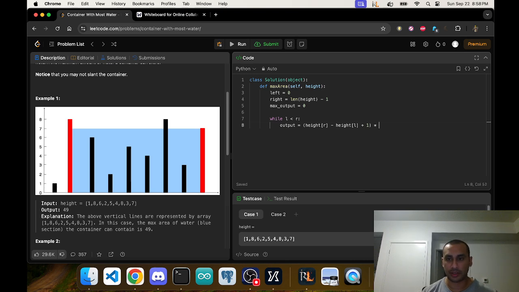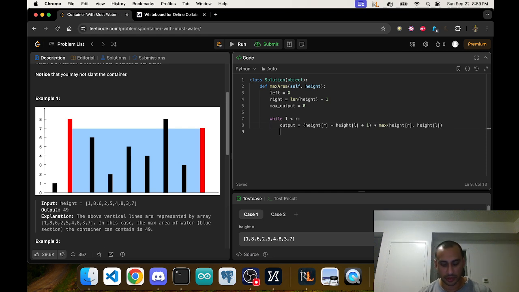So it'd be times the max of height R, height L. So the max element here times this distance is going to be the output.